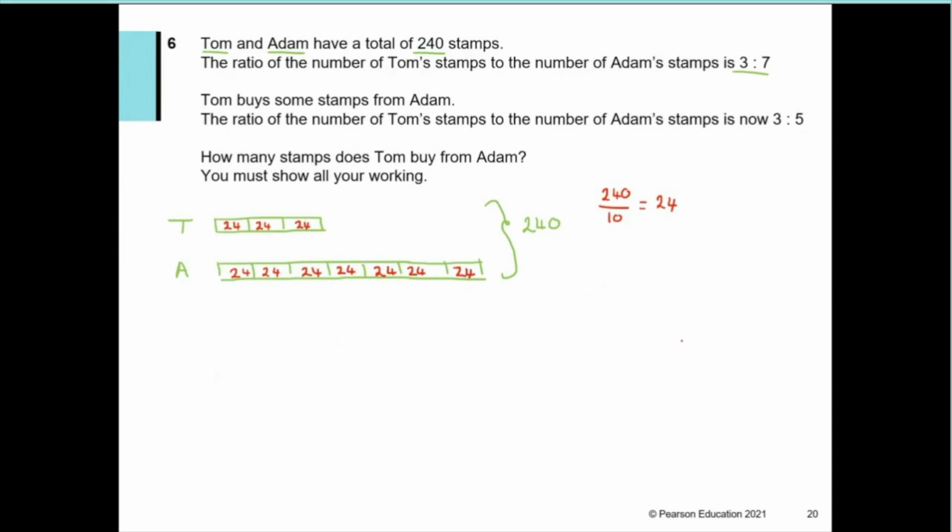Okay, so that's all I'm going to do with that at the moment. I'm not going to do any of the calculation at the moment. I'm just going to fill that in like that because that's what I'm comfortable doing. And now Tom buys some stamps from Adam. The ratio now is 3 to 5. So I'm still going to draw Tom and Adam.